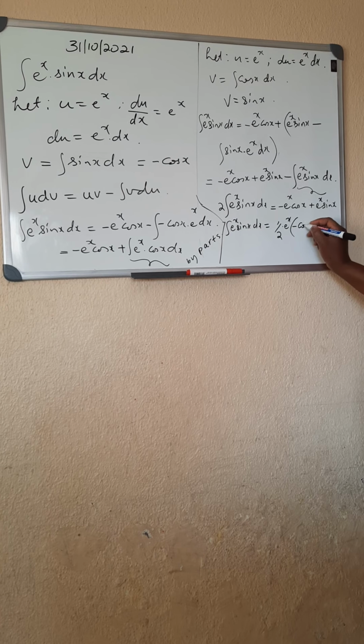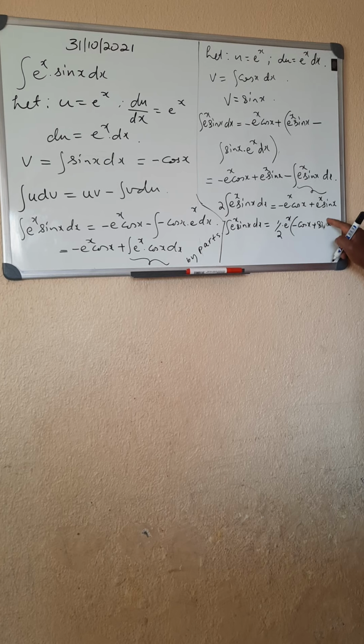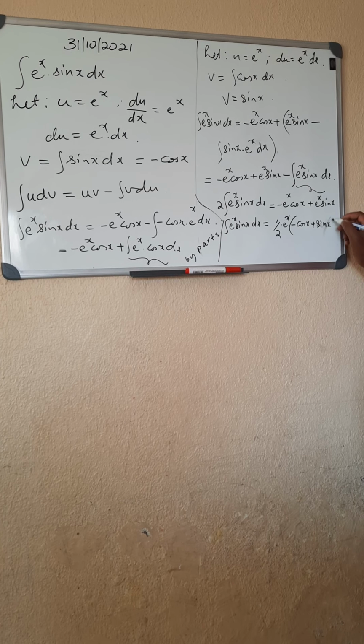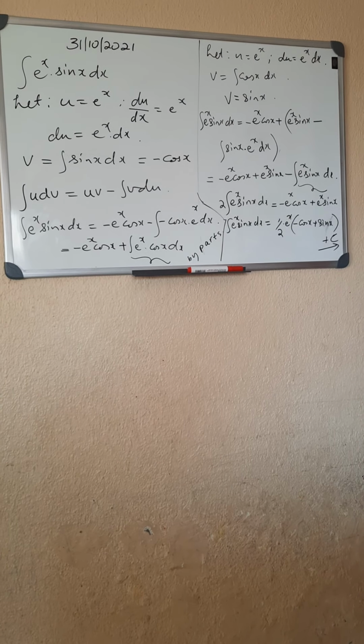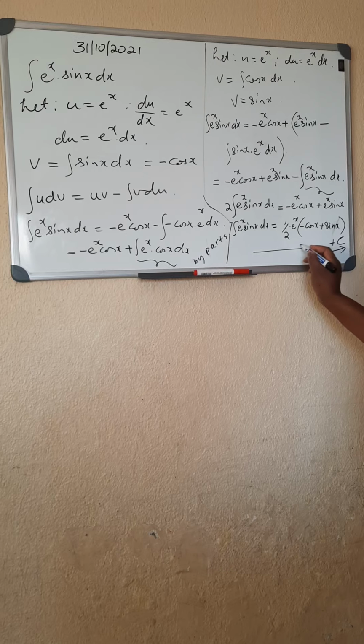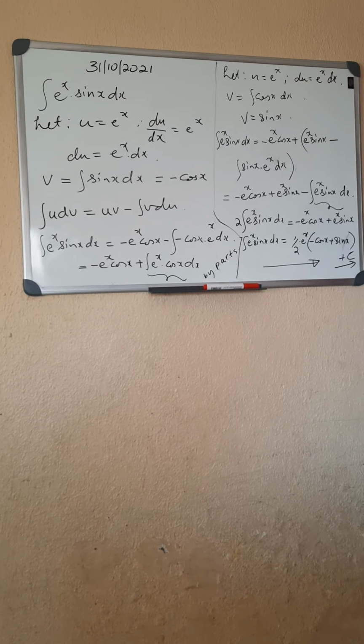If I take it out, then in the bracket I will have minus cos x plus sine x. Then the adding of the constant plus c. Now this would be your solution, integration by parts.